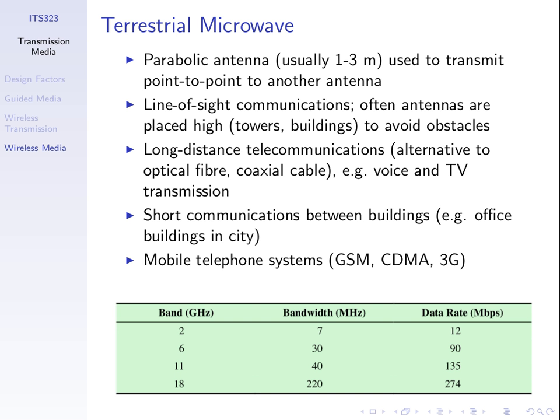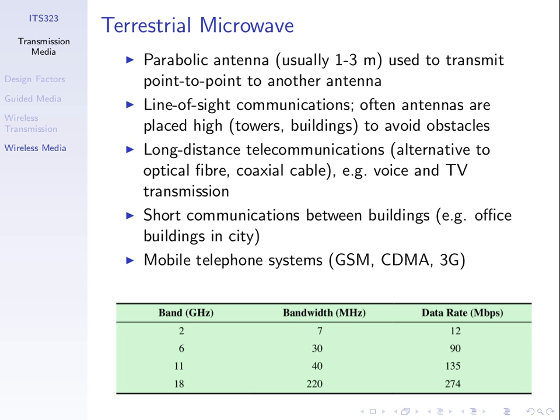So normally we place the antennas up high to avoid any obstacles between the pair of transmit and receive antennas. So on large buildings, on large towers is the typical location for antennas.